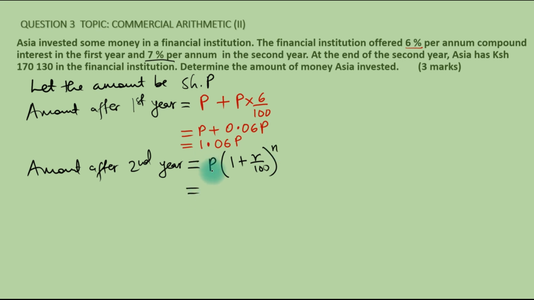And in our case, P now, the amount which was in the first year, that is 1.06 P, then into bracket 1 plus the rate was 7 over 100, so that's 7%, raised to 1. So this amount is actually equal to 170,130 shillings.